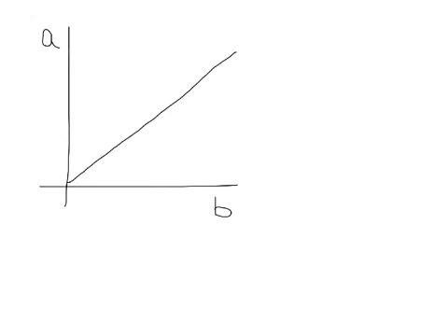I can recognize that this line would be a proportional relationship or a linear relationship. But there's a number of different things that I would be able to do with this graph. The first thing that I can do is I could read it.